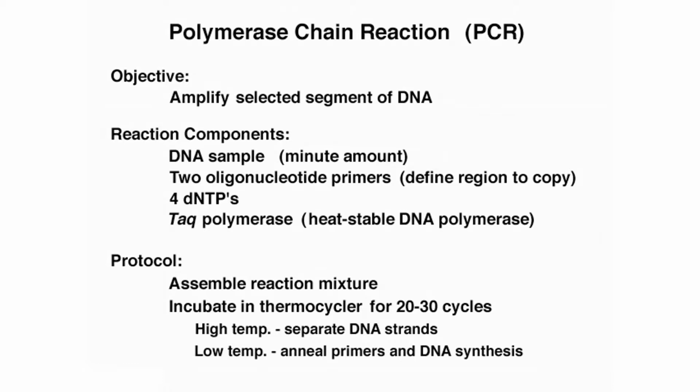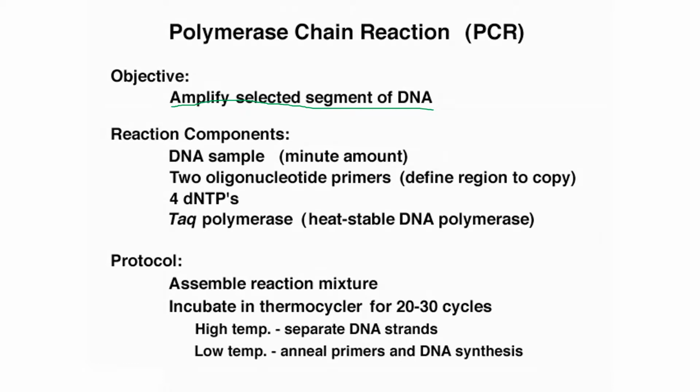PCR is basically a DNA synthesis system like we have been looking at, except with one important modification, and that is the use of Taq polymerase. So the objective: amplify a small amount of DNA.